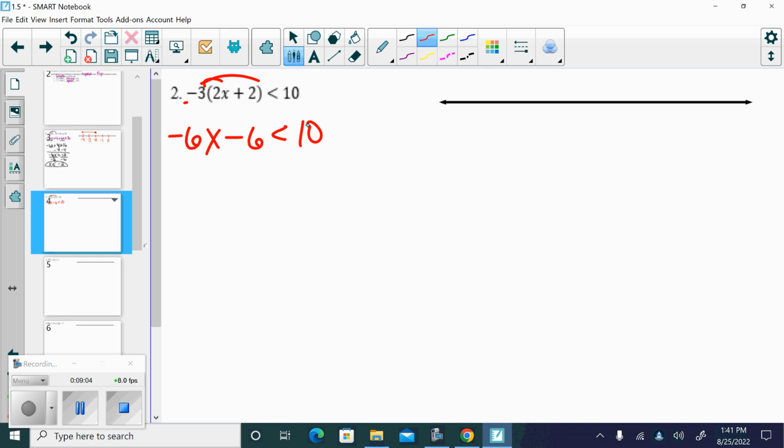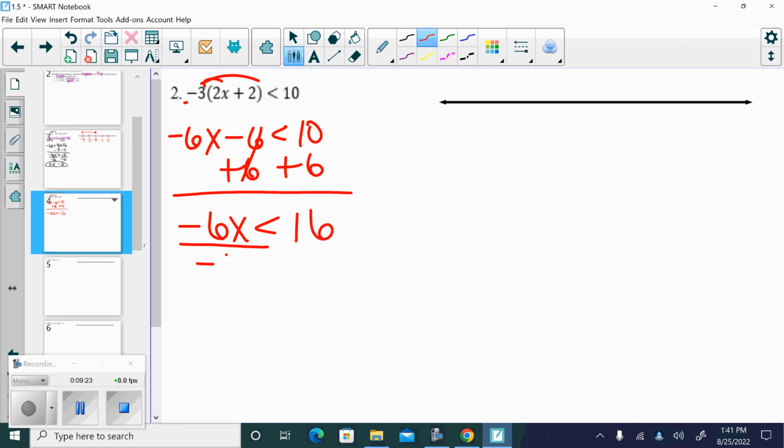All right, what do I need to do next? Add the 6. Okay, you need that -6x alone. So add the 6. I get -6x is less than what? 16. And then my last step is what? Divide.